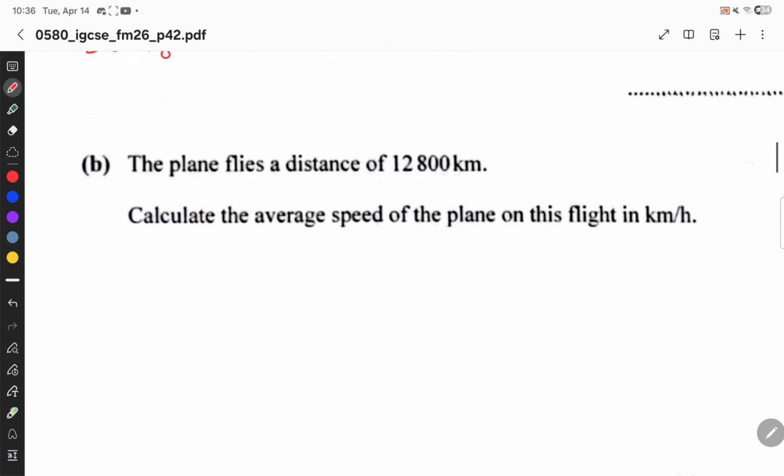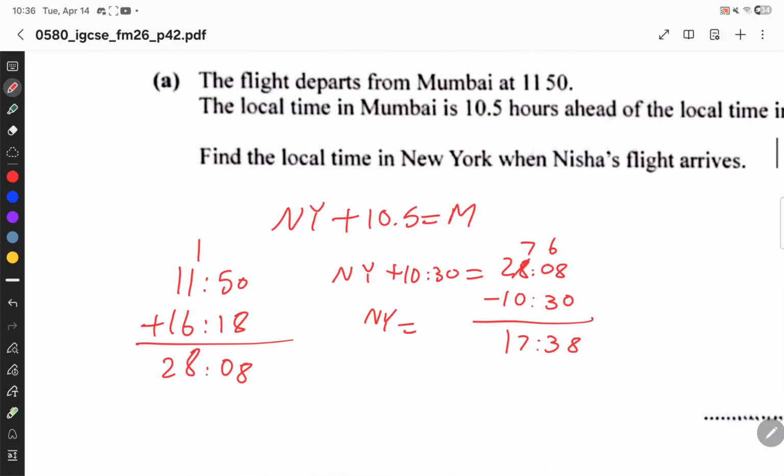A plane flies a distance of 12,800 kilometers. Calculate the average speed of the plane on its flight in kilometers an hour. This is simple.